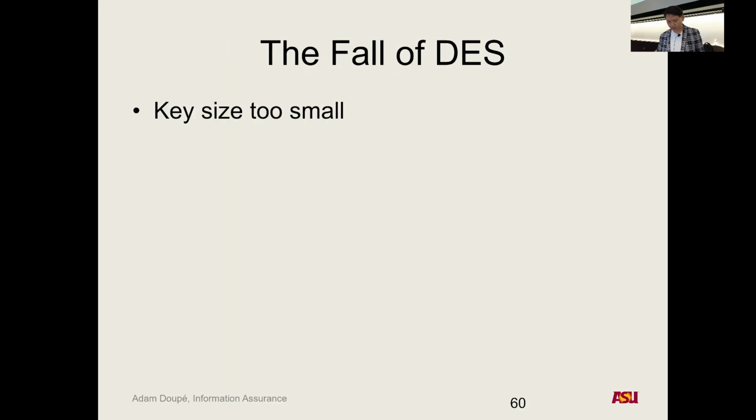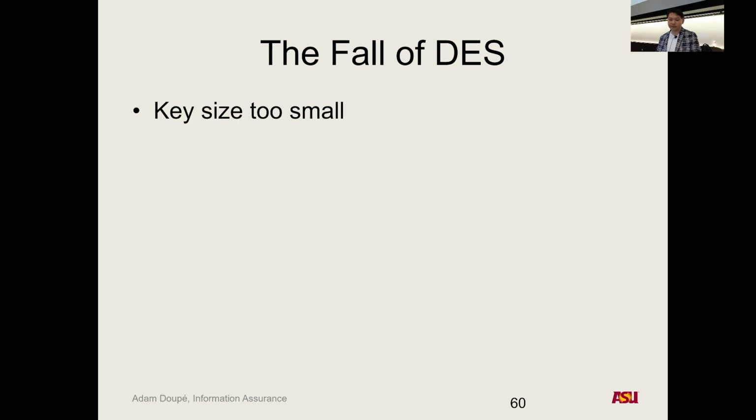How about DES? It has some critical pitfalls. The key size is too small, only 56 bits. Nowadays we have wonderful hardware power, right? Any of our laptops or PCs can break it using brute force attacks.